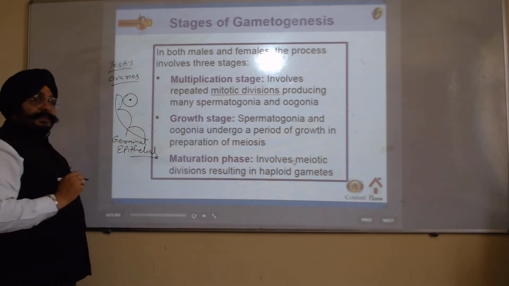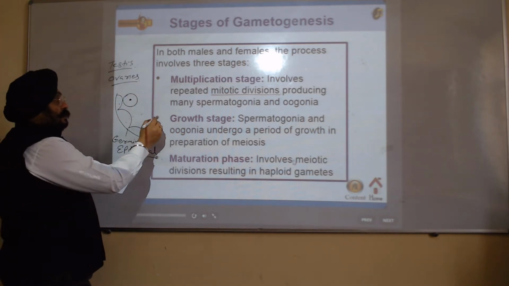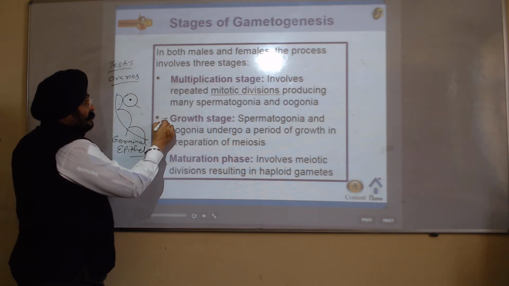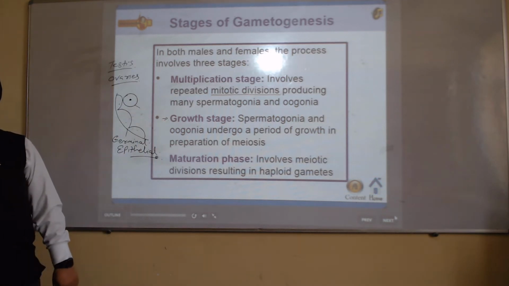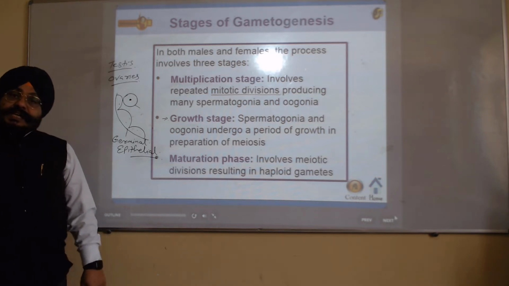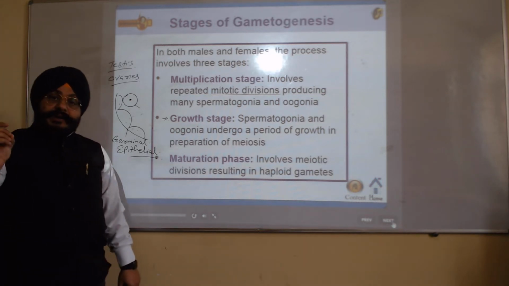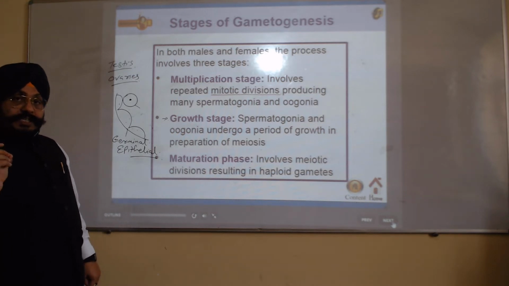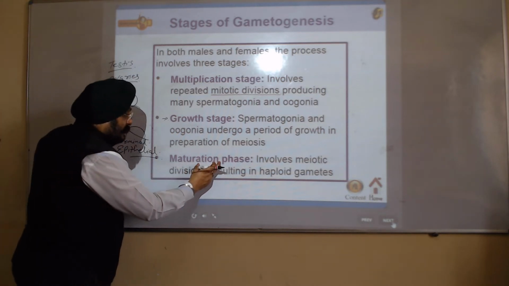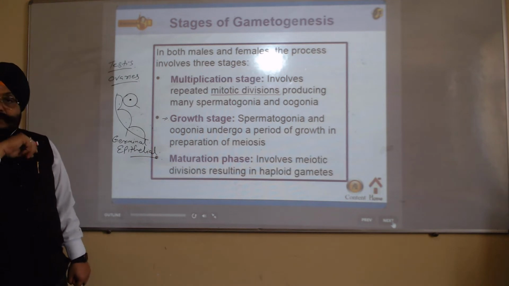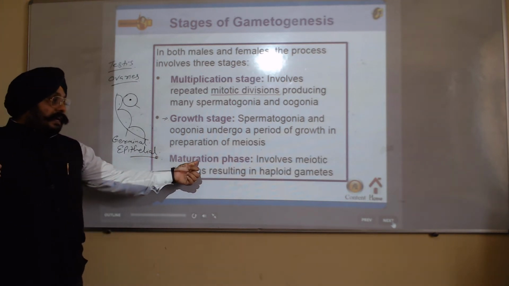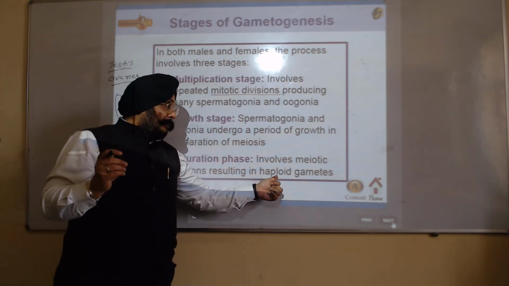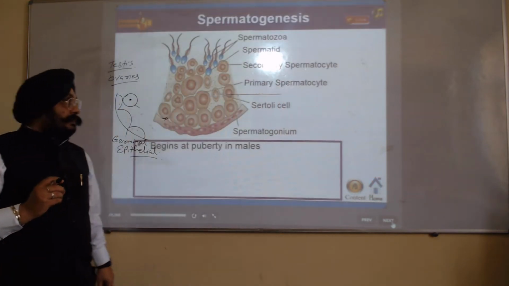This newly formed cell undergoes the second phase, that is the growth stage. After growing, this cell is now ready to undergo the process of meiosis. After meiosis, the cell enters the maturation phase, forming a haploid gamete.